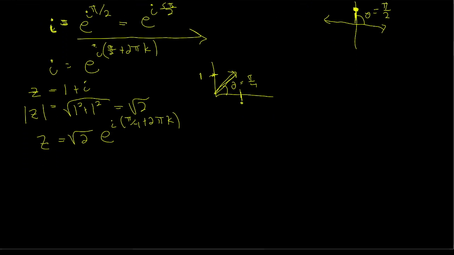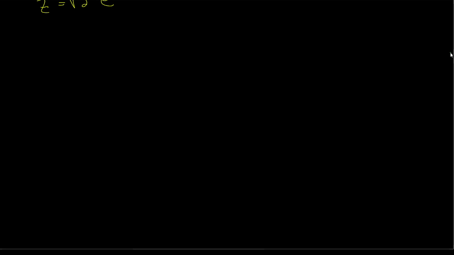Some helpful things come out of this. e to the i n theta, some n multiple of the angle, is the same as cosine theta plus i sine theta, to the nth power.